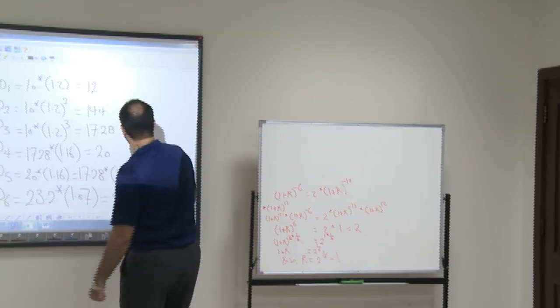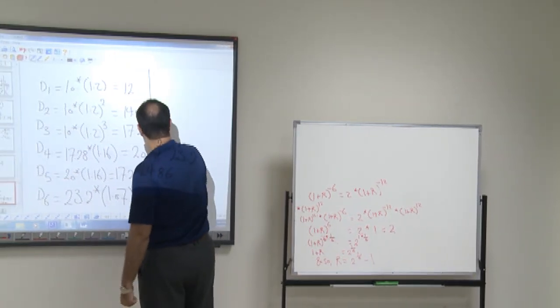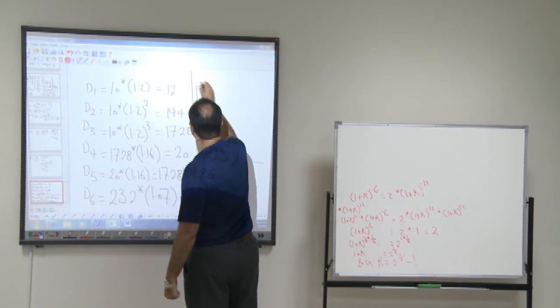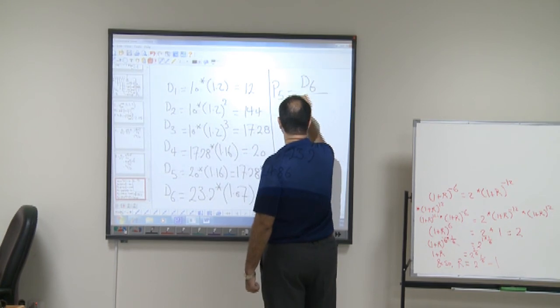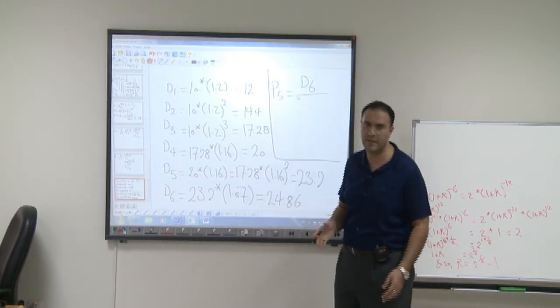Let's see how. P5 is going to be how much? It's going to be D6 over R minus G. We talked about it last time, I'm not going to go there again, I don't have time.